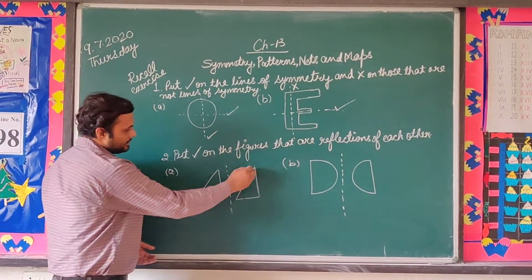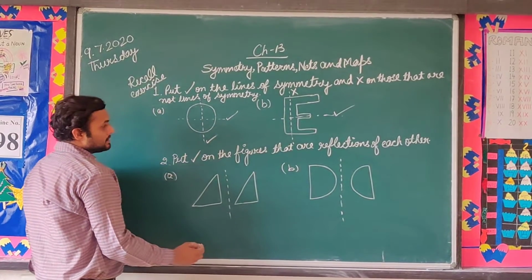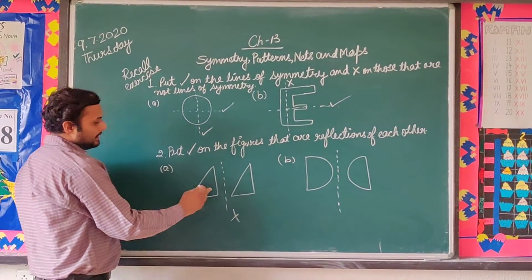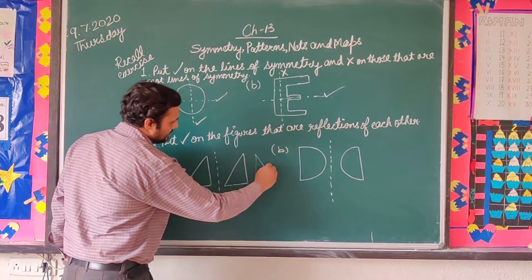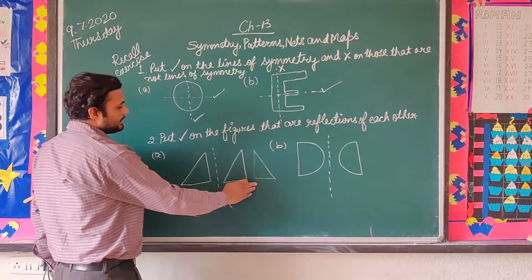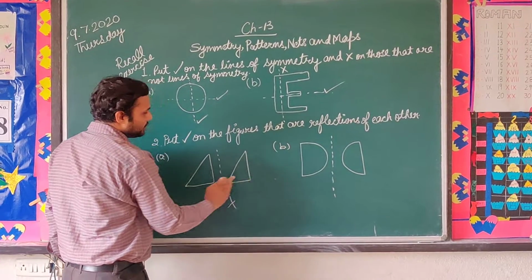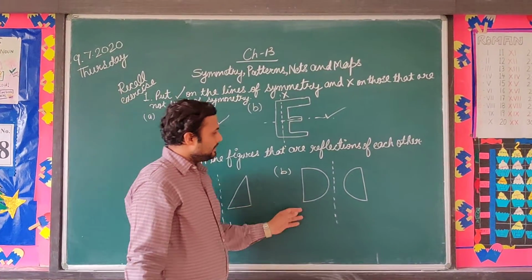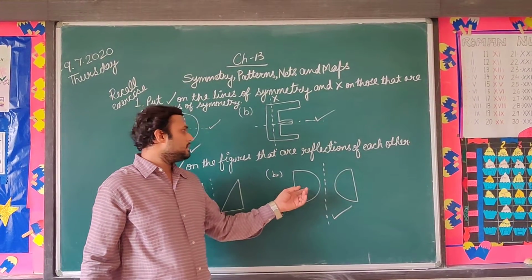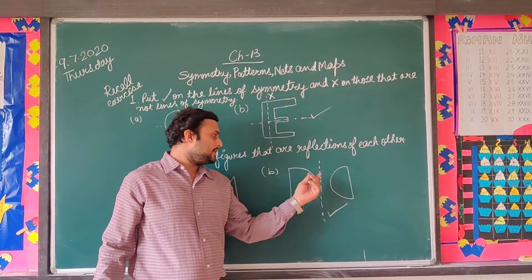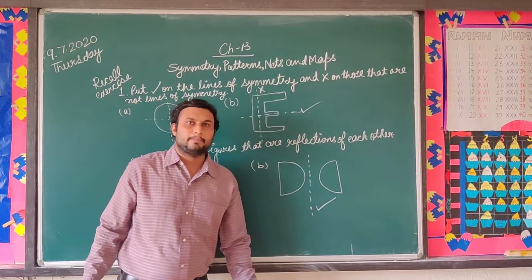This is wrong because the correct answer will be like this. So this answer is wrong. D, this is correct because the mirror image of this D will be this.